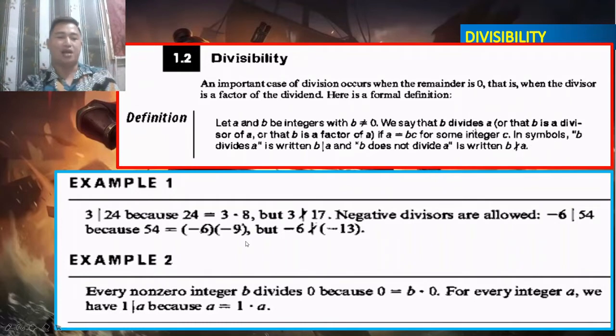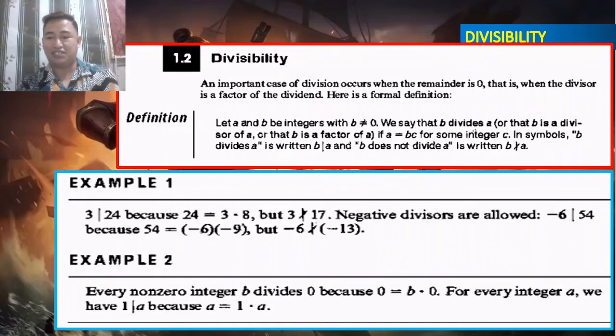Example number 1: 3 divides 24, right, because 24 is equal to 3 times 8. But 3 does not divide 17. So 17 is not divisible by 3, right? Negative divisors are allowed. So the divisors can be negative, since b can be negative.